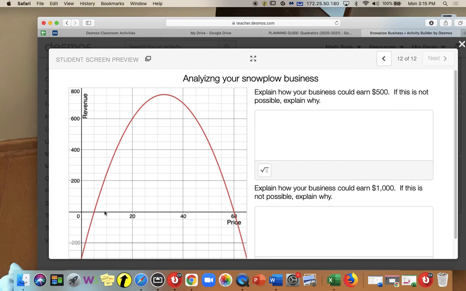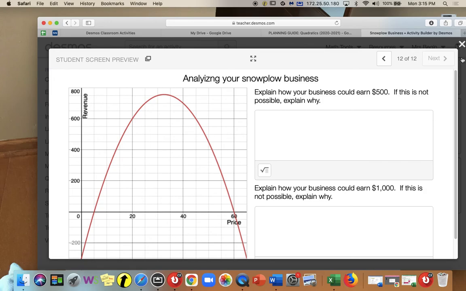It's going up by 0.2, so $15. I don't know, is that like 17, maybe like $18 over here? And then this is 50, so like $48 maybe. So again, if I were to draw this line across, there's two spots where it gives you what you could charge to make $500, but not $1,000.